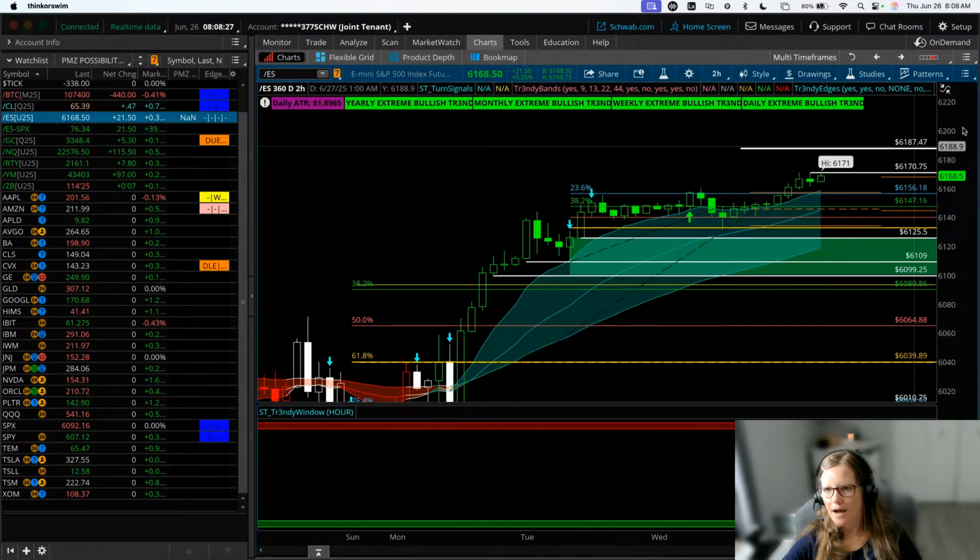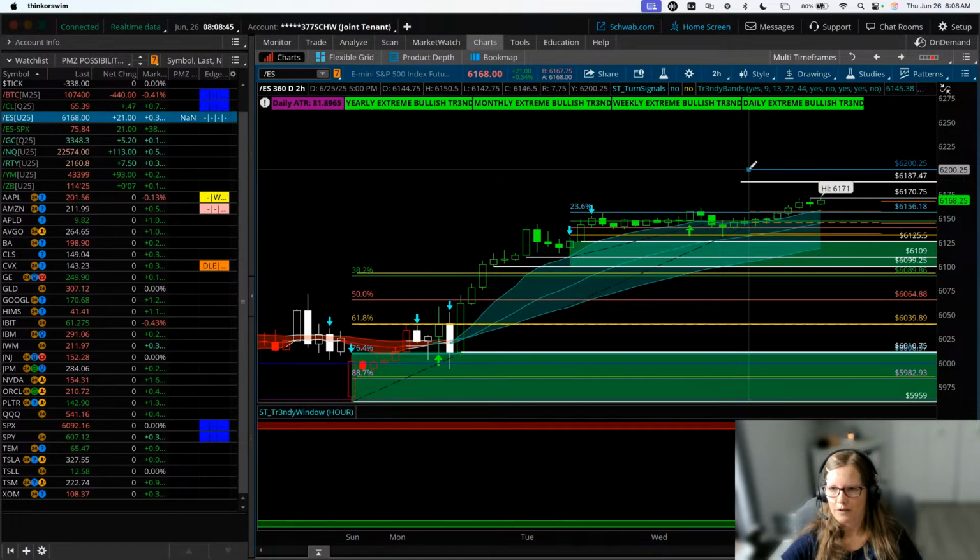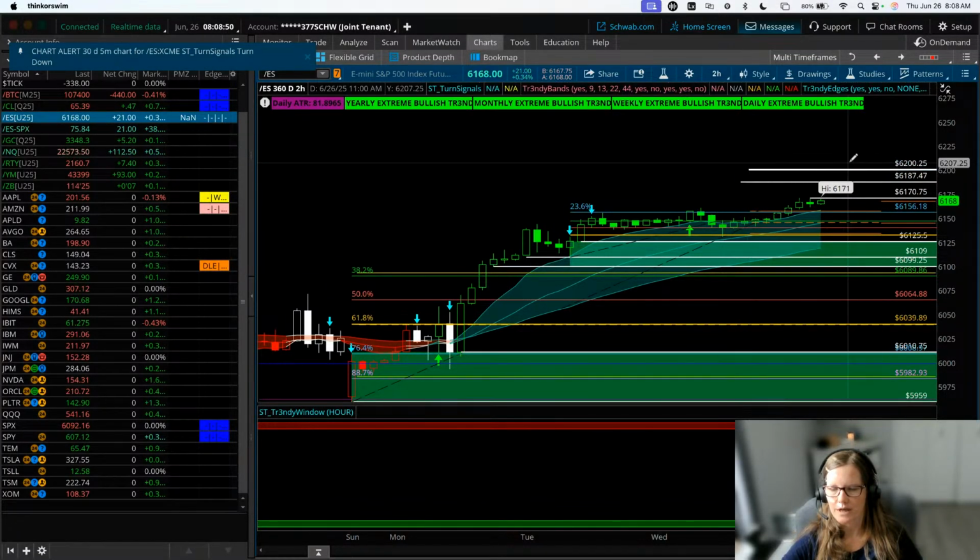Then the top of that zone is exactly $4 above, which would be 40 points, which is going to put me at 6208. But since 6200 is a psychological level, I'm going to go ahead and mark that as my next profit target to the upside.